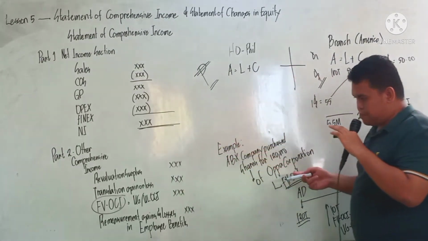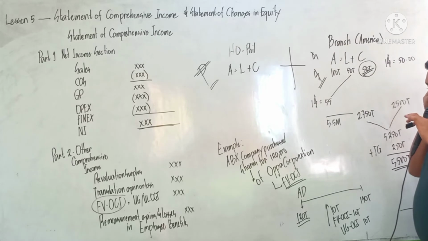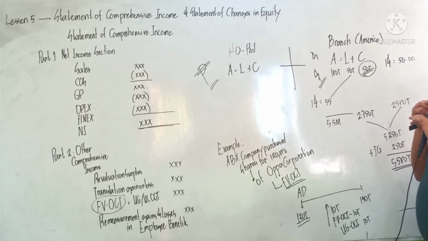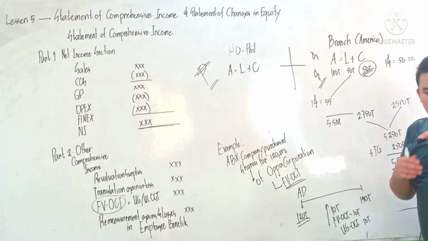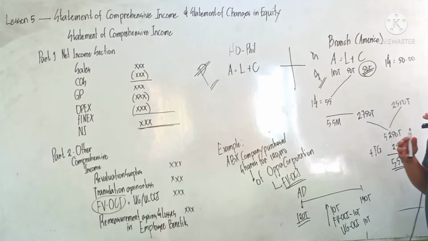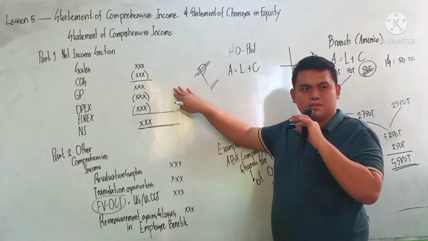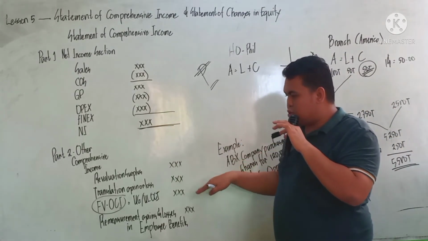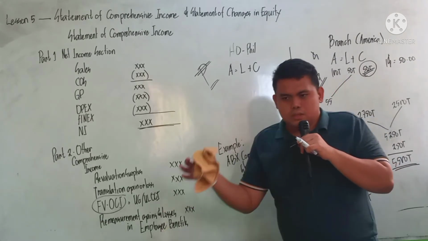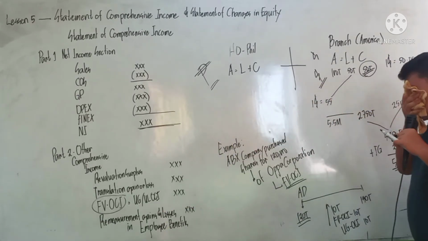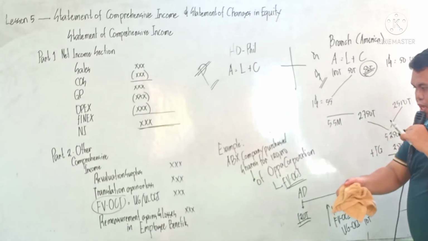So basically, that's FVOCI. It's just an investment that will increase or decrease based on the movement in the market. And if it increases, of course, there will be unrealized gain. But that unrealized gain will not be recognized here. It will be recognized in the other comprehensive income. Okay? So, that's FVOCI.